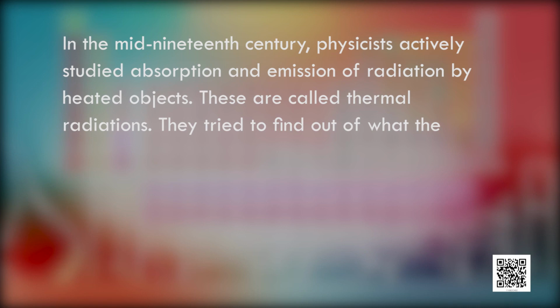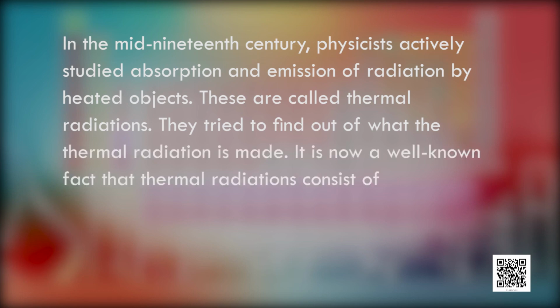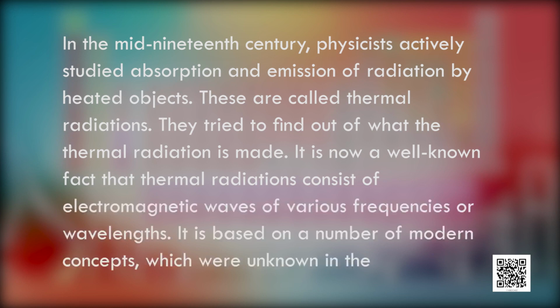These are called thermal radiations. They tried to find out what these thermal radiations are made up of. It is now a well-known fact that thermal radiations consist of electromagnetic waves of various frequencies or wavelengths.